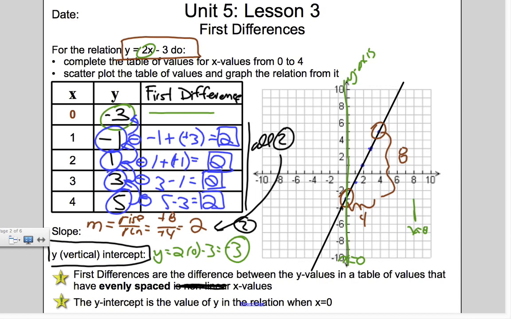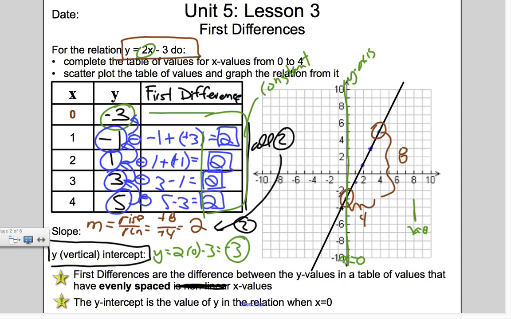What do you know about this column here? What do you know about the values? No, the values here. They're not increasing by 2. It's all the same. This is a constant. So if it's a linear relation, our first difference is a constant.